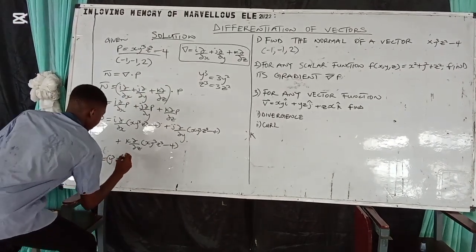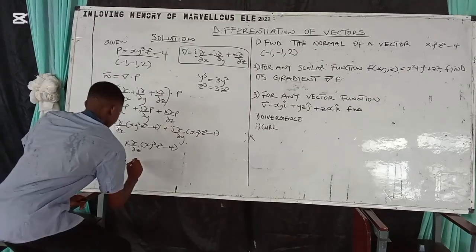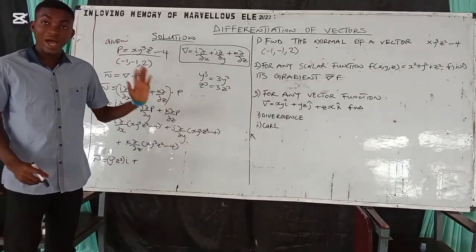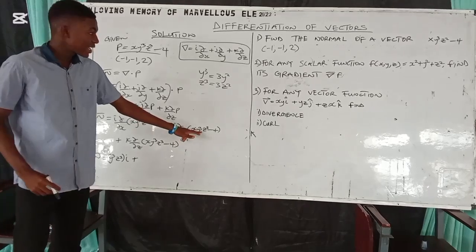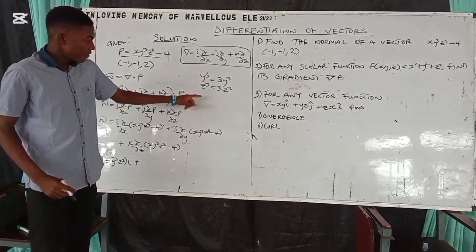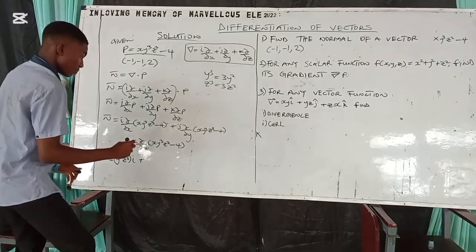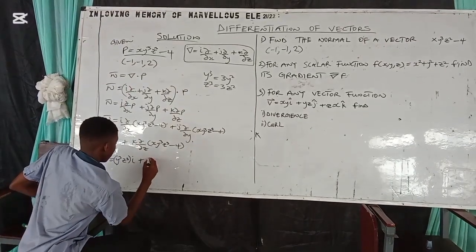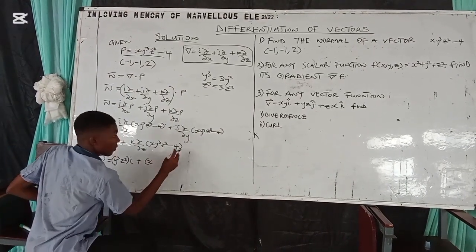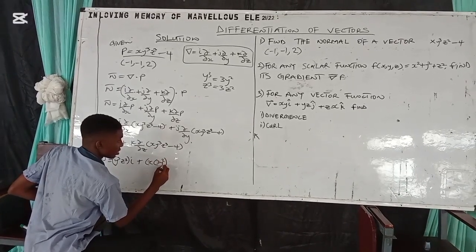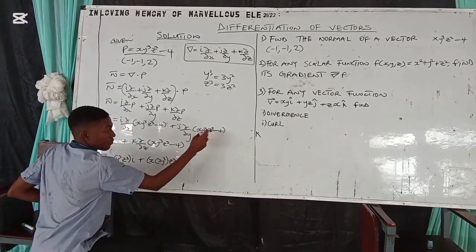Bracket i, plus. For j, we differentiate only y. Differentiating y cubed, we have 3y squared. So x stays, only y we're differentiating. Bracket 3 y squared z cubed. The 4 is gone.